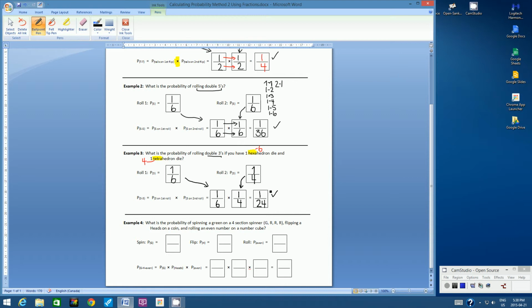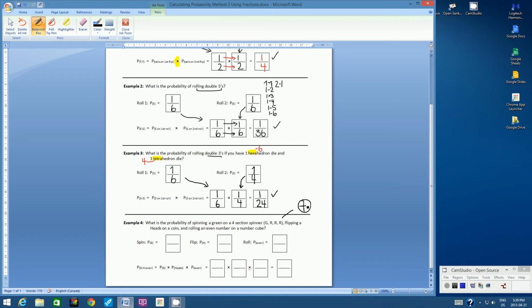So let's go on to the last example where we're going to have 3 independent events, 3 things that have nothing to do with each other. The question is, what is the probability of spinning a green on a 4-section spinner, where the 4 sections are green and then red, red, and red? If you don't know what that looks like, always draw yourself a picture.